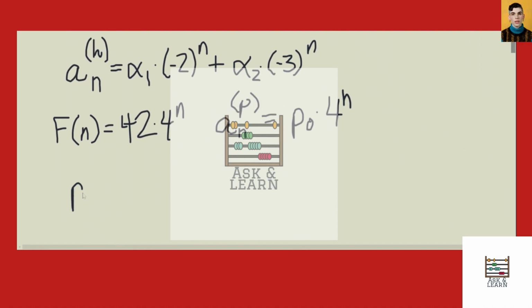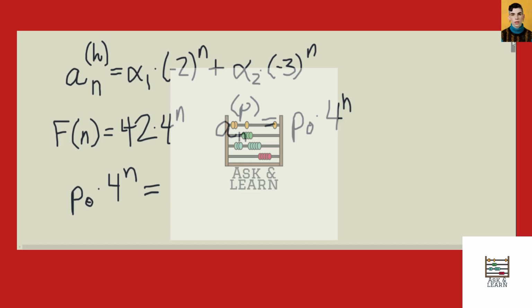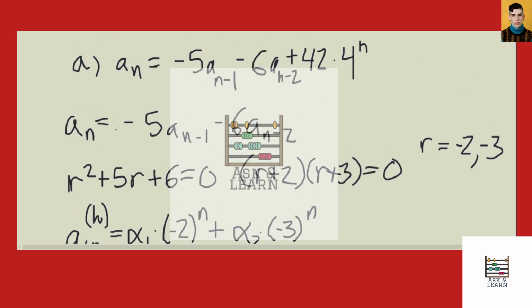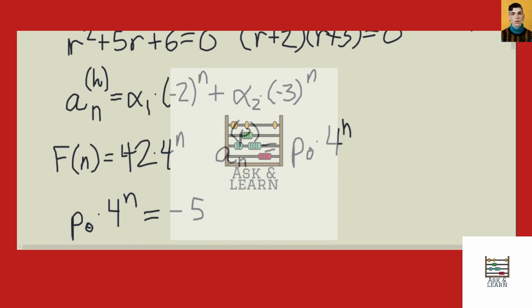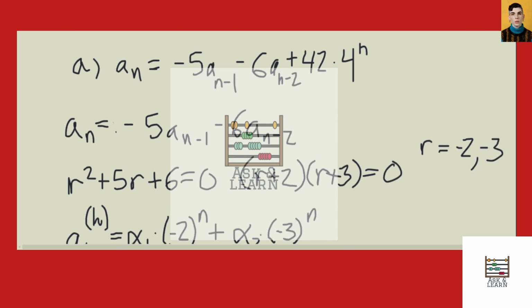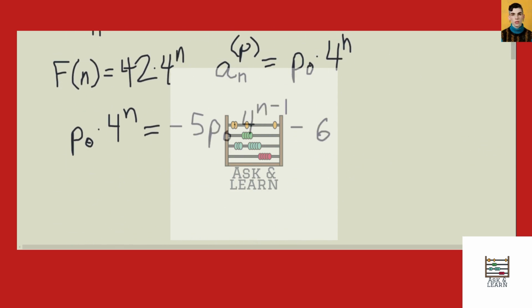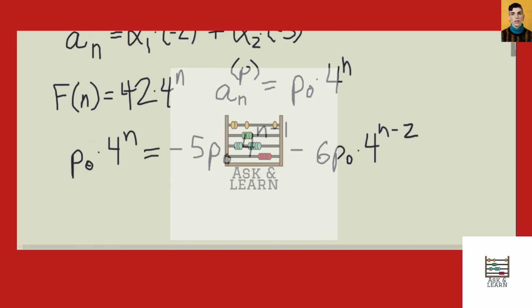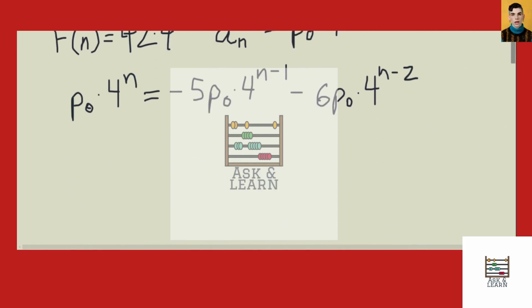On the left-hand side we have p0 times 4^n, which is equal to, on the right-hand side, -5 p0 times 4^(n-1) minus 6 p0 times 4^(n-2) plus 42 times 4^n.